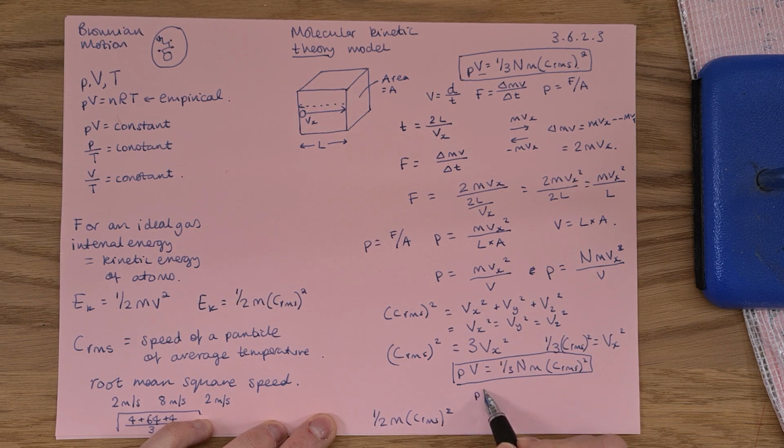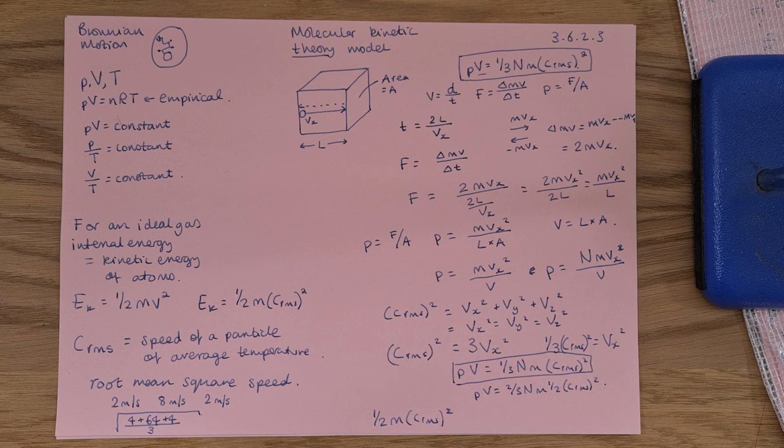Right, so I would put PV is 2/3 N, a half m CRMS squared. And so then you get 3/2 PV over N m. Now, if you plug in PV as nRT, you get 3/2 nRT over N m is equal to this.